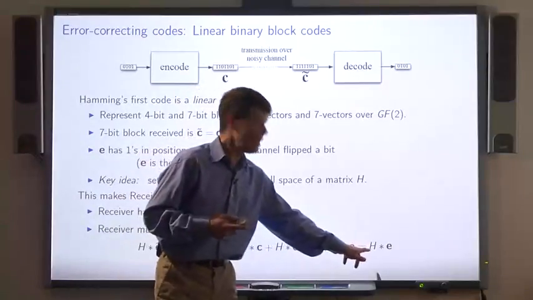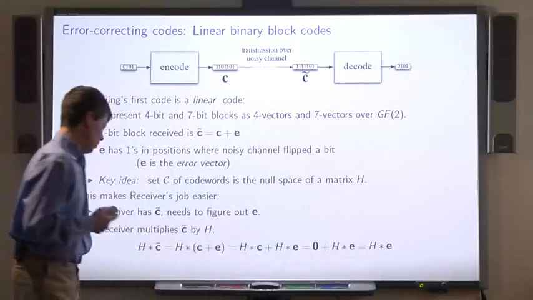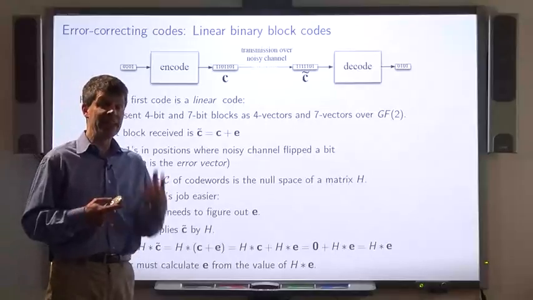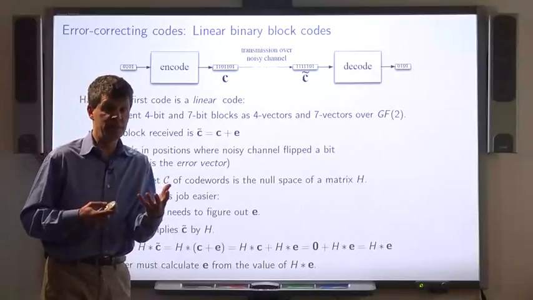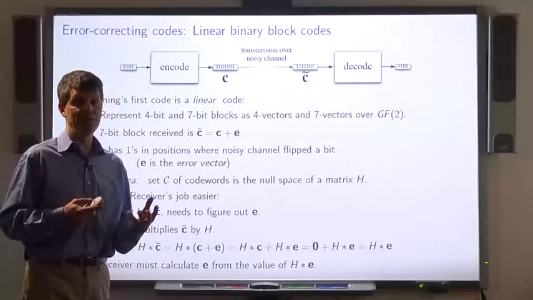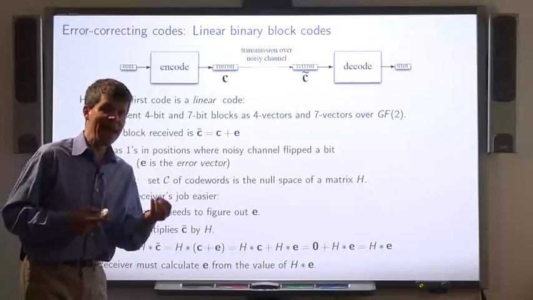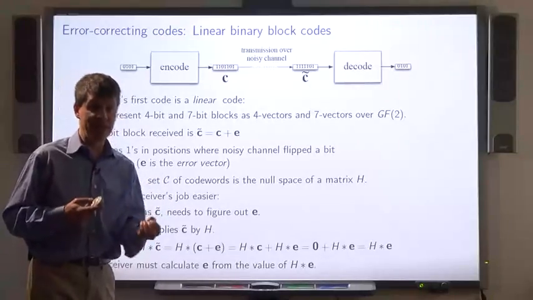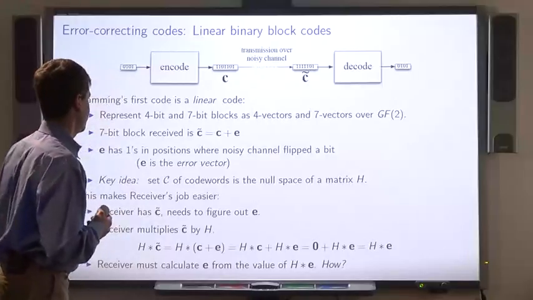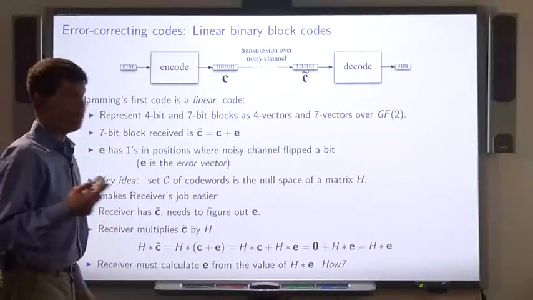So we end up with just H times E. So the receiver can compute from C tilde the product of H times E, and from that needs to determine the error vector E. How can he do that?